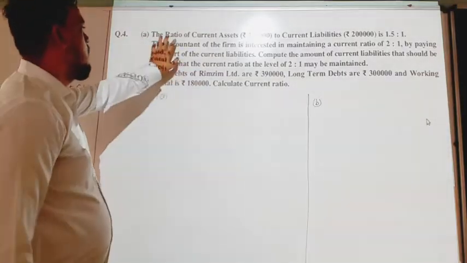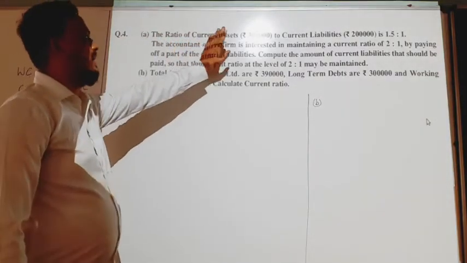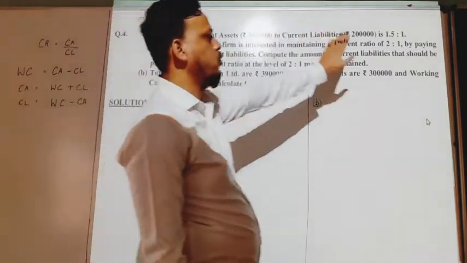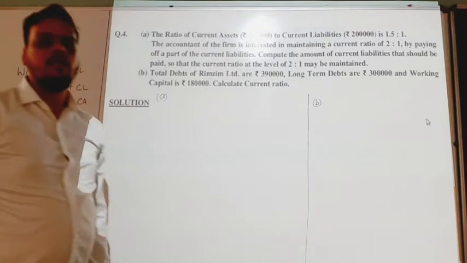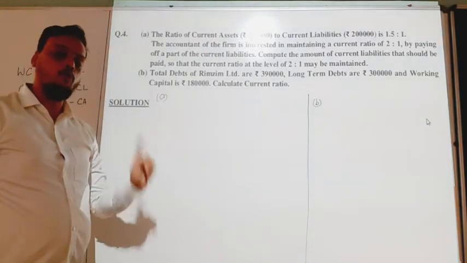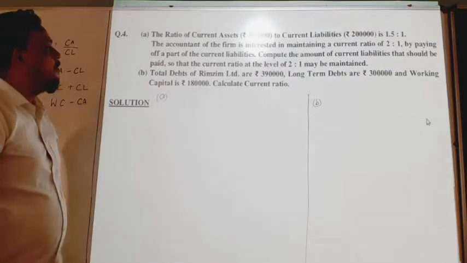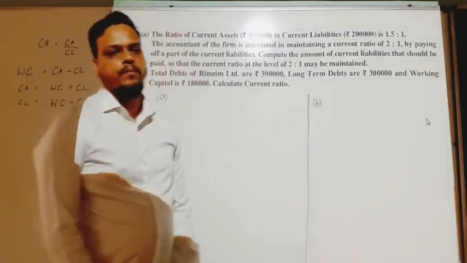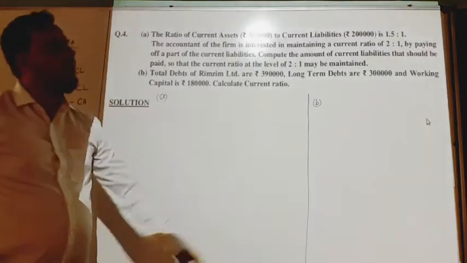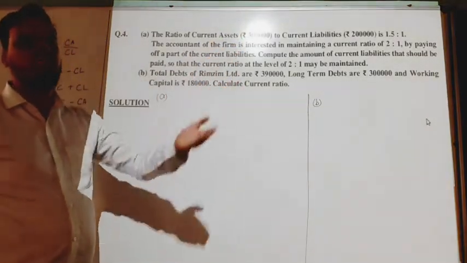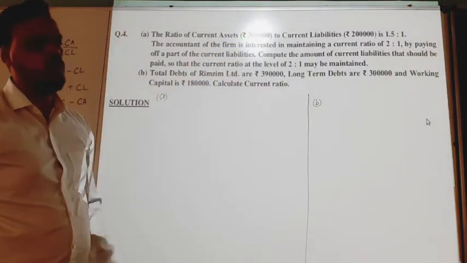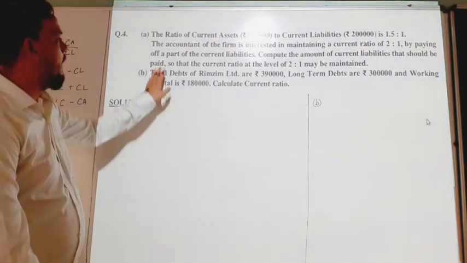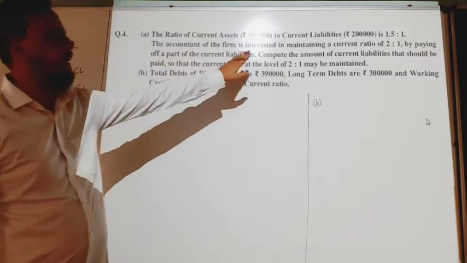The ratio of current assets and current liability, which are 3 lakh and 2 lakh respectively, is 1.5 to 1. The accountant of the firm is interested in maintaining a current ratio of 2 to 1. The accountant thinks that the 1.5 should be increased by 0.5 to make it 2 to 1. So they decided to pay off part of the current liability.